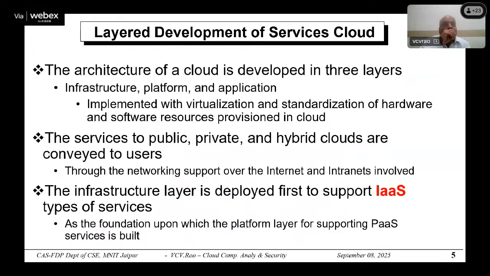Let's go here. Slide visible now? Yes, sir, your slides are visible. How to move? Some minor problem. The system got some interruption for a few minutes.